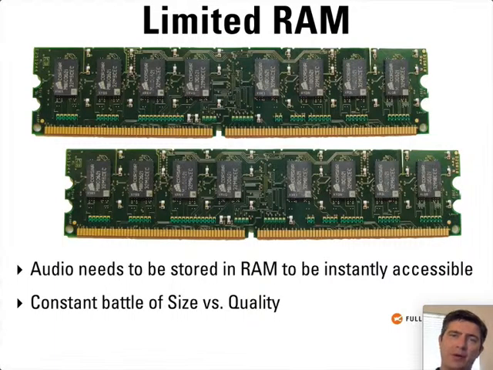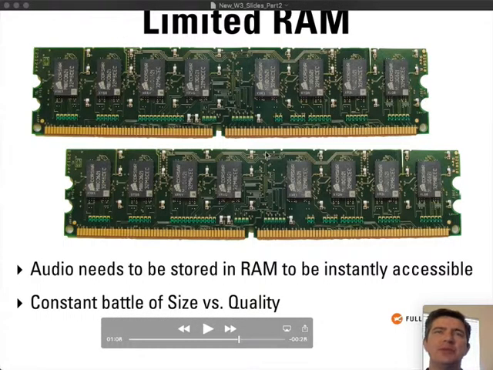The same thing goes for a game. As soon as you hit that trigger, hit that button, you need to hear that jump sound or that punch sound or the gunshot or whatever it is. And so that sound needs to be loaded in RAM so that there's very little latency between when you trigger the sound and when you actually hear it.